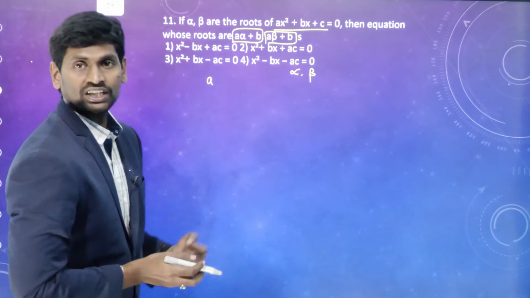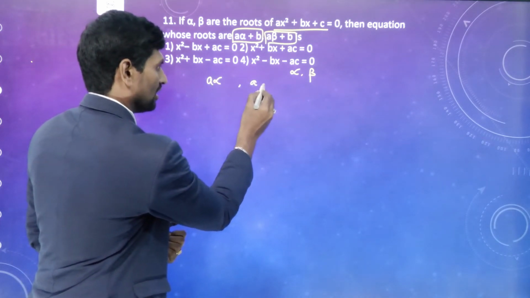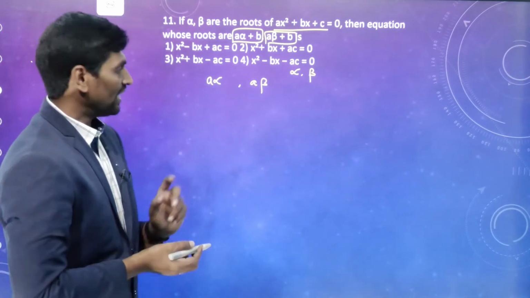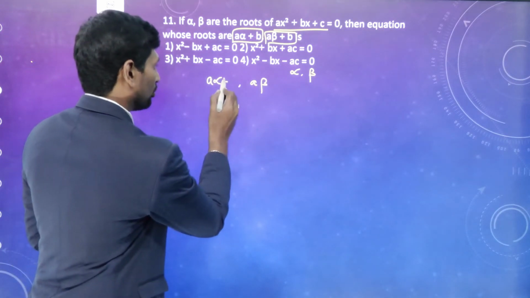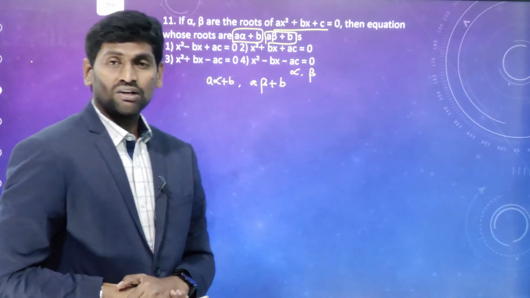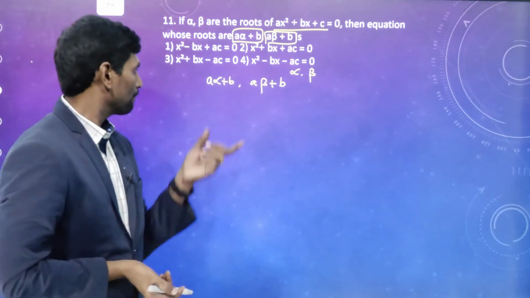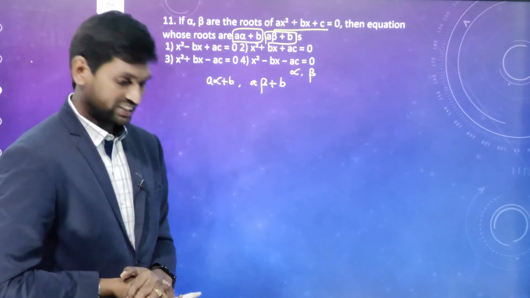First this alpha beta multiply with a, then a alpha, a beta, then add both sides b, for both of them b, then it will be a alpha plus b, a beta plus b. Okay? That is only condition here.